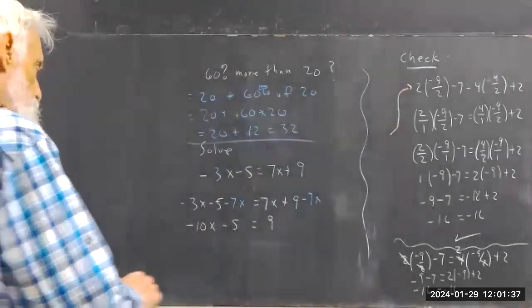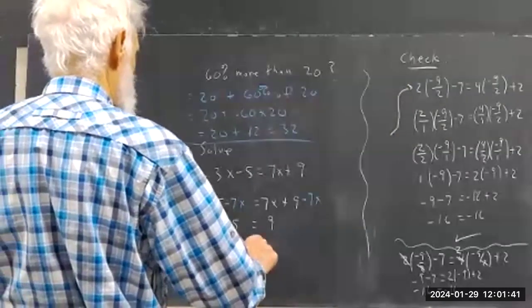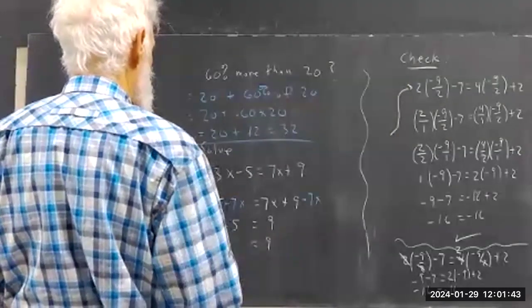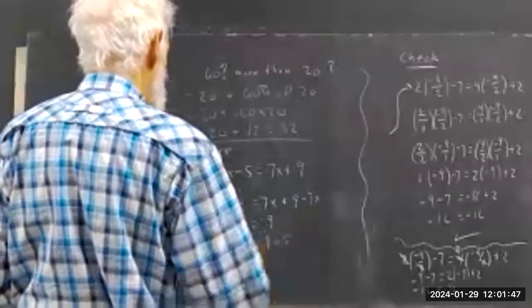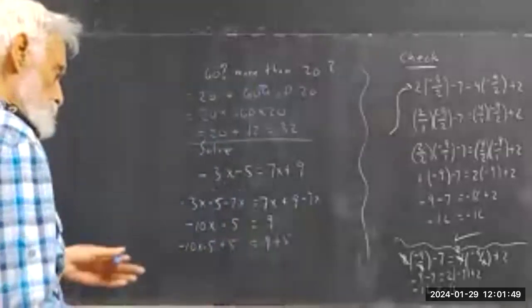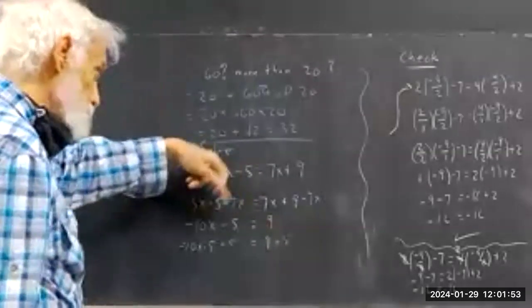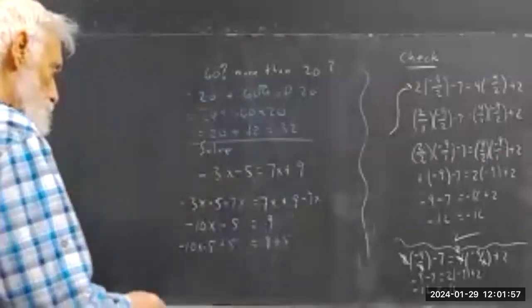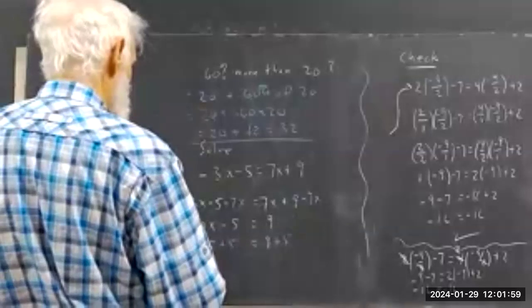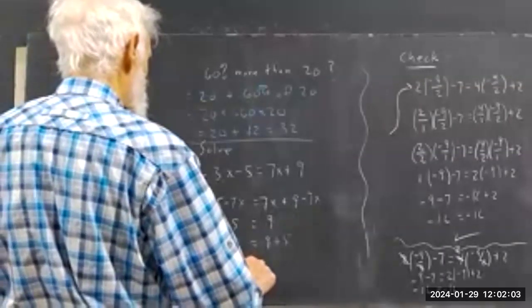And well, then we have, in this case, we add 5 to both sides, because that's going to get rid of the 5 over here, and it's going to appear over here with the opposite sign. And then have negative 10x equals 14.